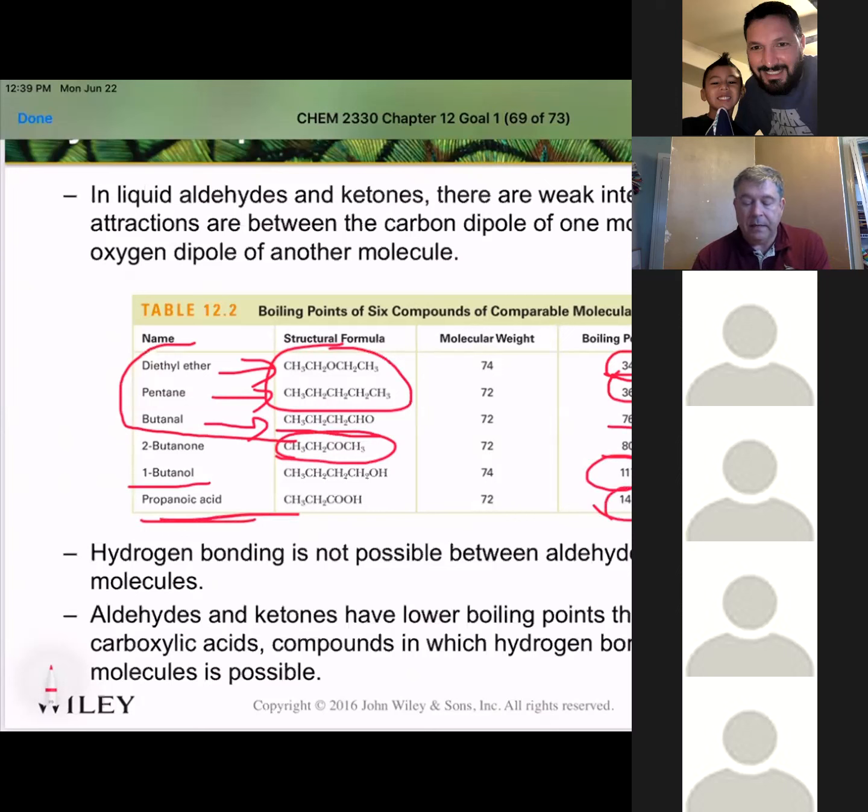We'll see this again in the next two chapters, that carboxylic acids bond slightly differently for hydrogen bonding. But as we go up, we have van der Waals forces, then dipole-dipole interactions, then hydrogen bonding, and then carboxylic acids. So the greatest effect on these boiling points and melting points is the interaction between the different molecules. Okay?